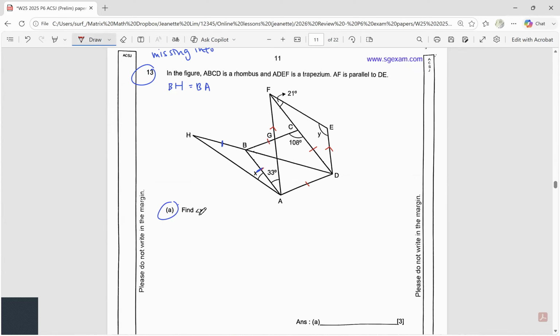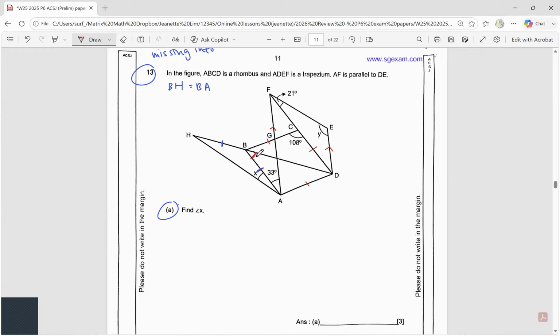So firstly, let's find angle DBA, this angle here. Okay, so 108 is here, so this is also 108 because opposite angles in a rhombus will be equal. Okay, so I want to find this angle here because with this angle, I can find this, and then I have an isosceles triangle, I can find x.